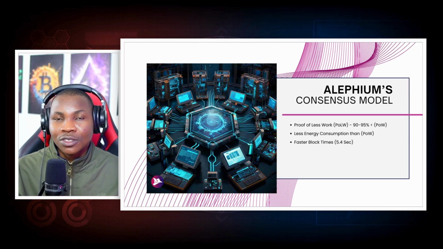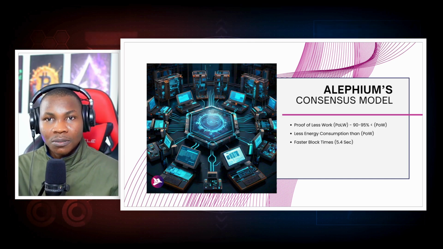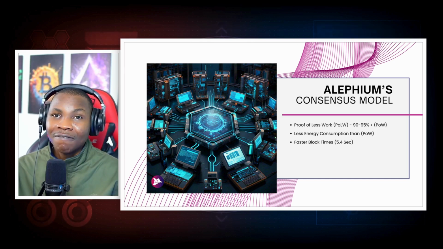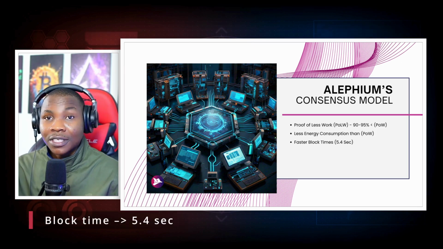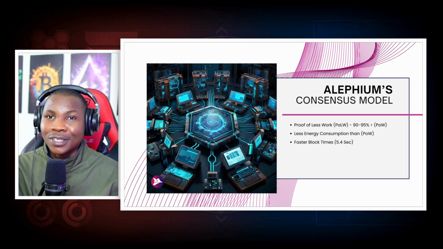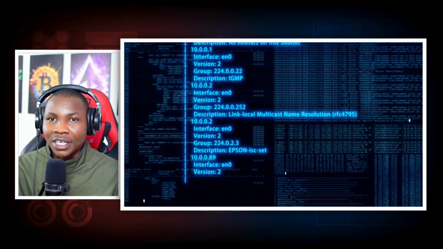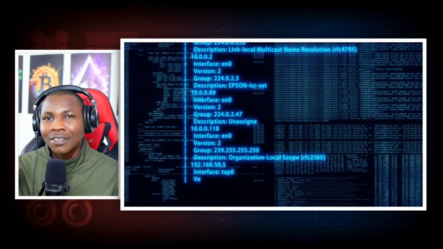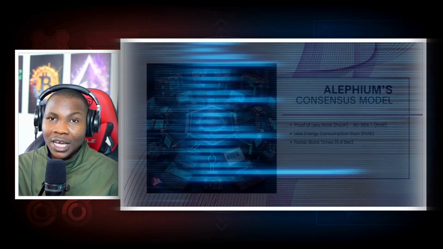And one thing you also want to talk about for this consensus model is that it has a very fast block time of 5.7 seconds. Wow, that's really, really small. Okay, so in 5.7 seconds, a new block is created. So why does it have this fast block creation time?